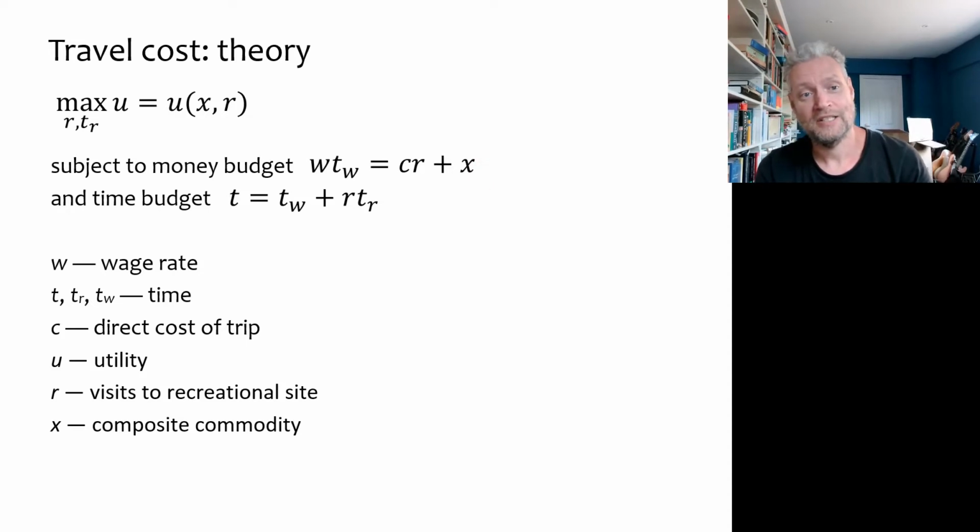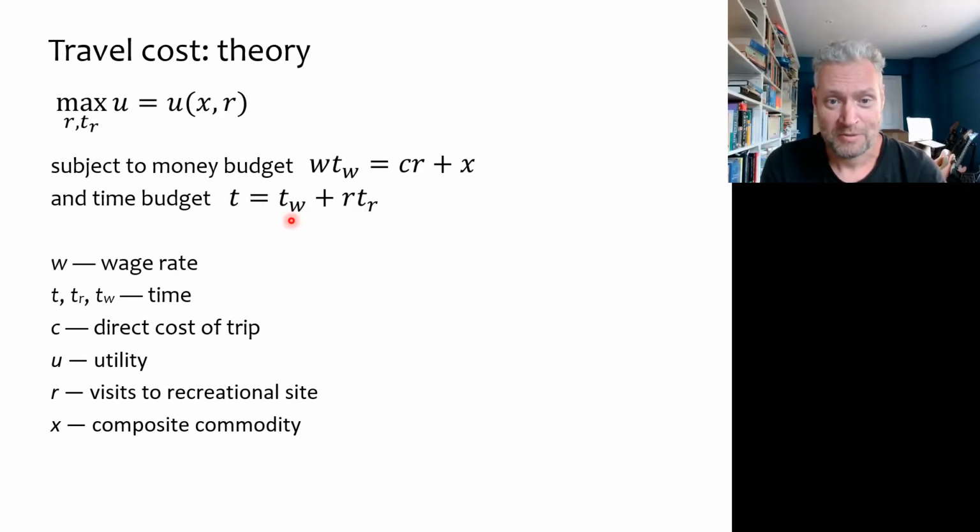We normalize the price of the composite commodity to 1, so this is part of your expenditure, and the other part of the expenditure is how often you recreate times the cost of recreation. This is your money budget, and then you have a time budget as well.